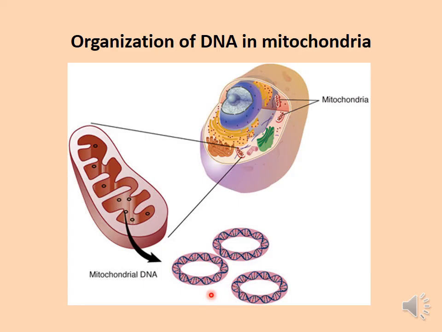Their condensation also is supported by proteins, but unlike the nuclear DNA, mitochondrial DNA condensation is entirely supported by non-histone proteins. This mitochondrial DNA arrangement, that is the size, the shape and condensation, is very similar to the arrangement of DNA in bacteria. That is why the scientists say that our mitochondria have evolved from bacteria.